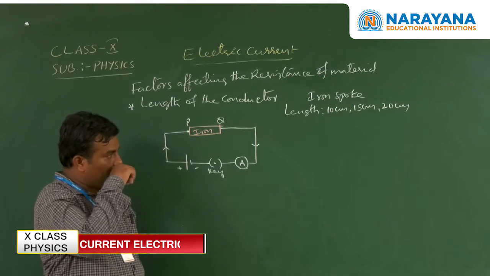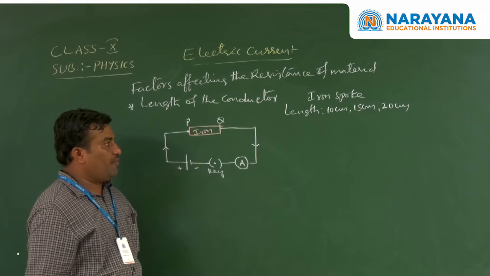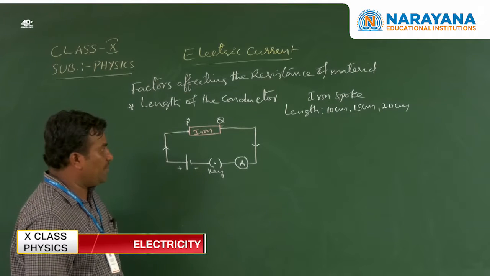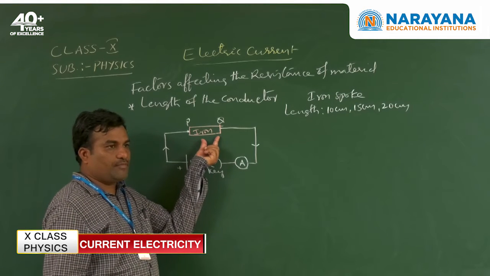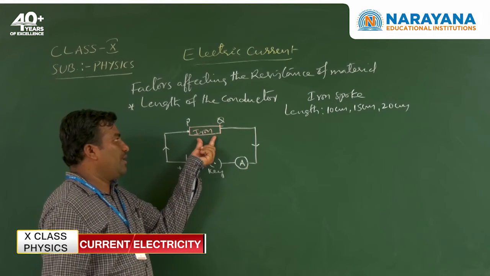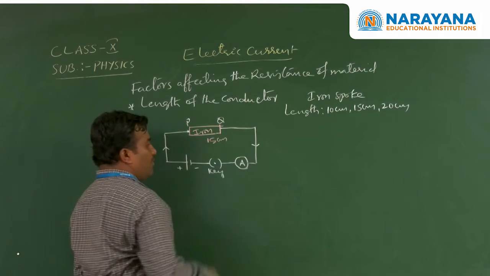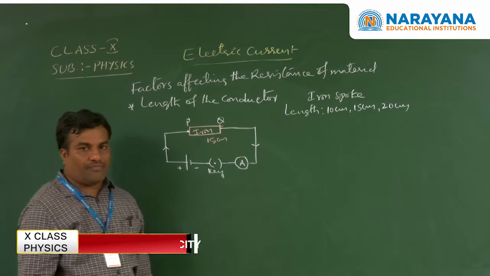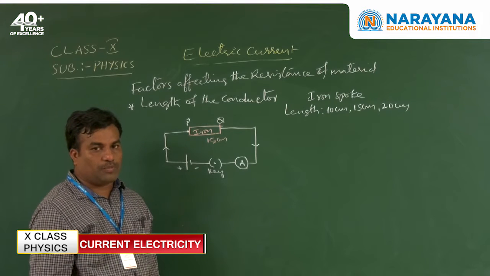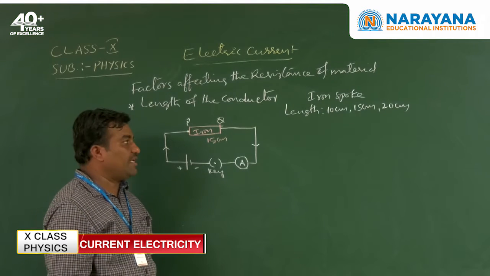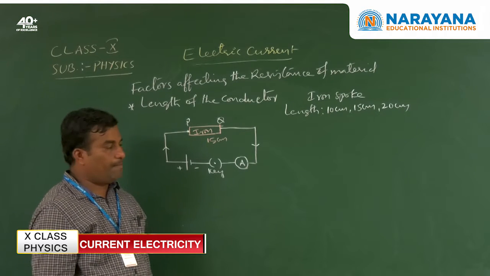Next, instead of 10 centimeter, 15 centimeter: the 15 centimeter iron spoke is arranged in between P and Q.